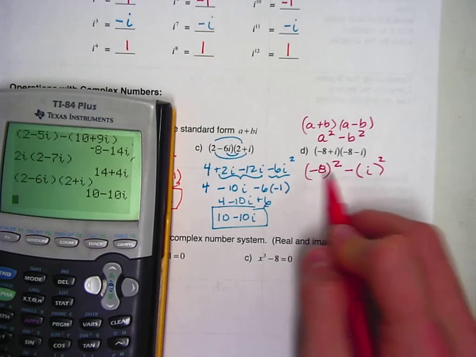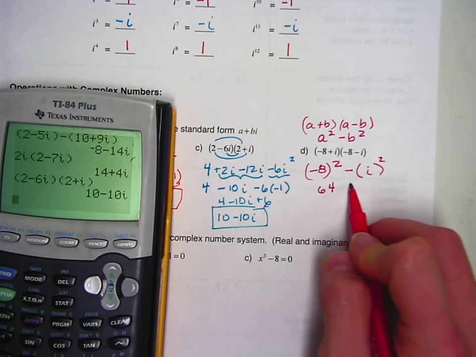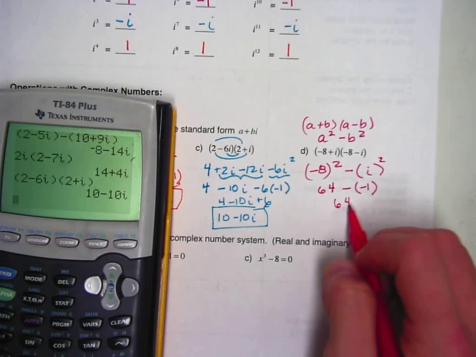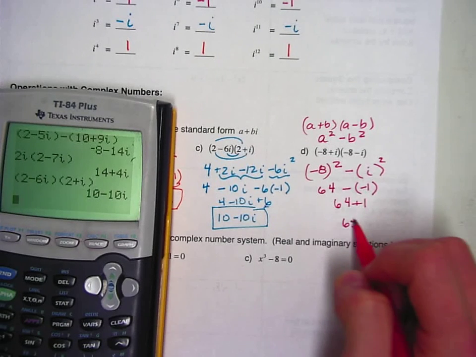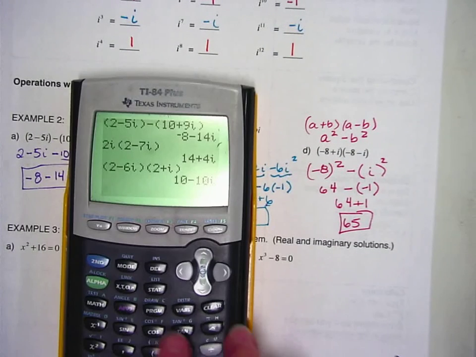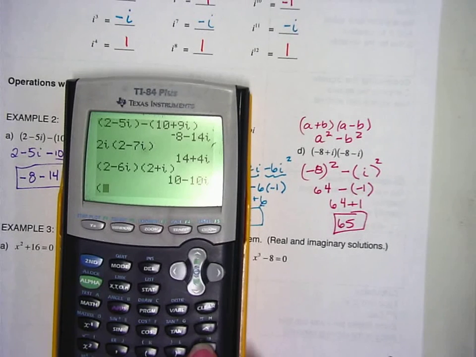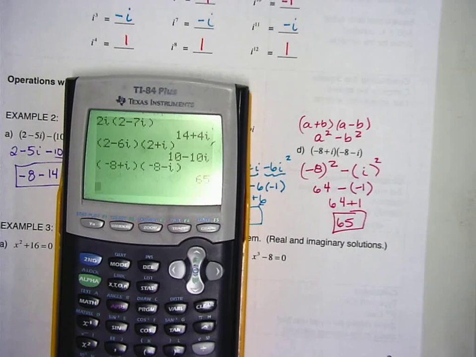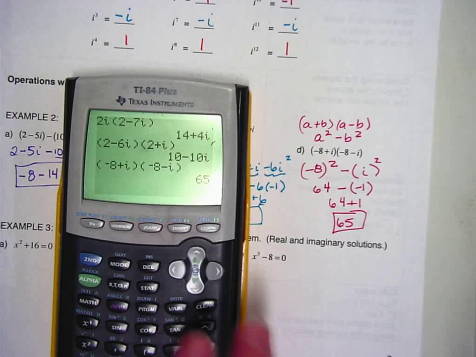So this is going to be positive 64 minus i squared, but i squared is negative 1, so this is 64 plus 1, which is 65. All right, so let's double check that. We have negative 8 plus i times the quantity negative 8 minus i, and then you get your 65.